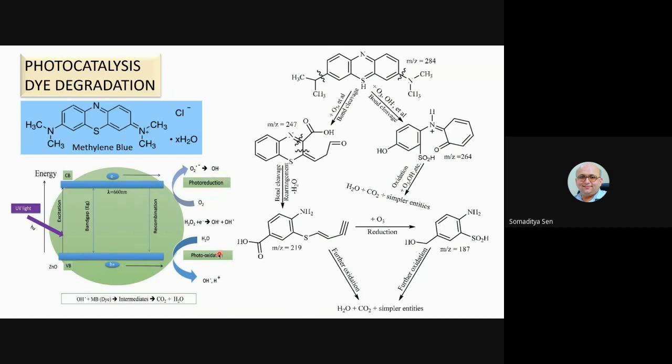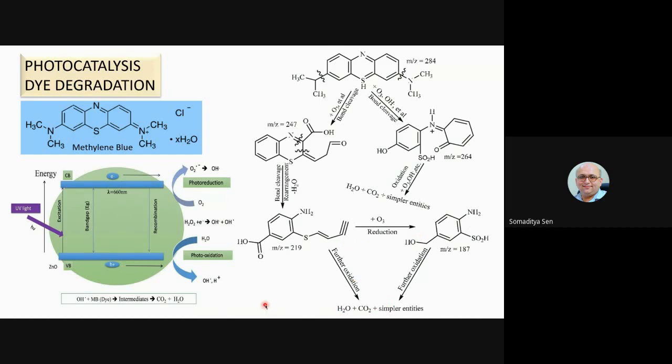This OH radical takes part in the breakage of this bond. So this bond breaks from within, and ultimately the products become carbon dioxide and some other components. The last things are H2O, CO2, and simpler molecules.